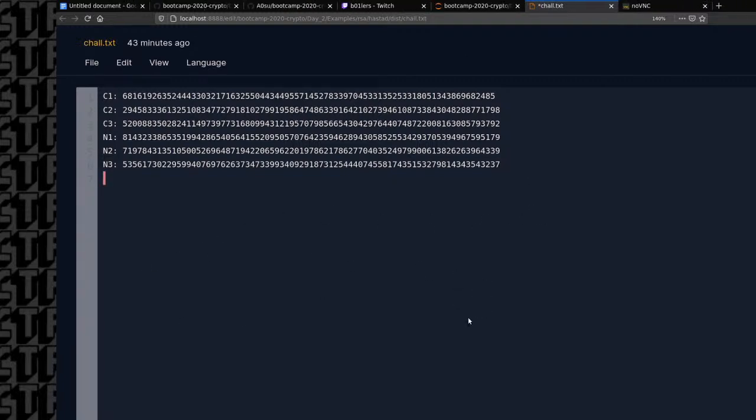Okay. So in here, a little different from before, we're given C1, C2, C3, N1, N2, N3. What this means is we have a ciphertext 1, we have modulus N1, and C1 and N1 correspond, as do C2, N2, and C3, N3.